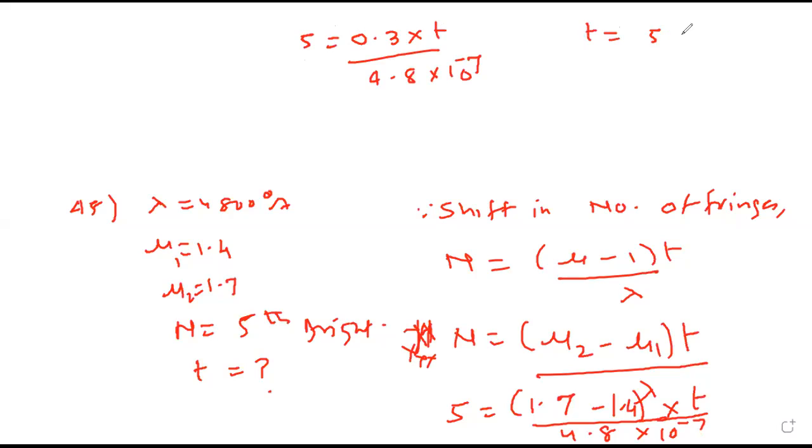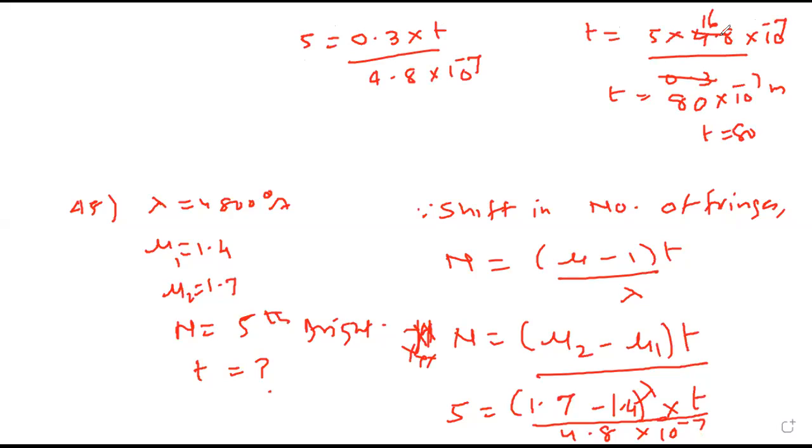So T will become 5 into 4.8 into 10 raised to minus 7 upon 0.3. 3 into 16 is 48. 16 into 5 is 80 into 10 raised to minus 7 meter. So T will be 80 into 10 raised to minus 4 millimeter. That means 8 millimeter is thickness of that sheet, which is placed in the path of both the interfering beams.